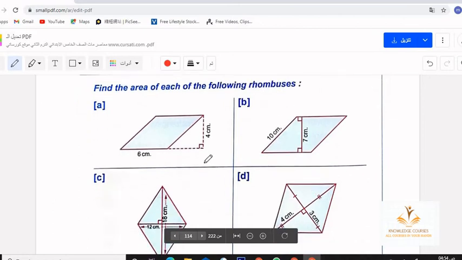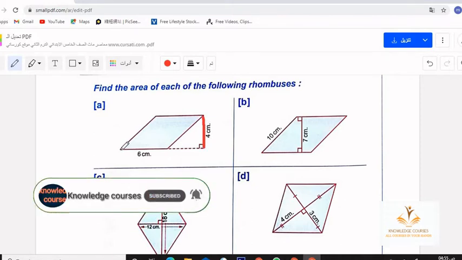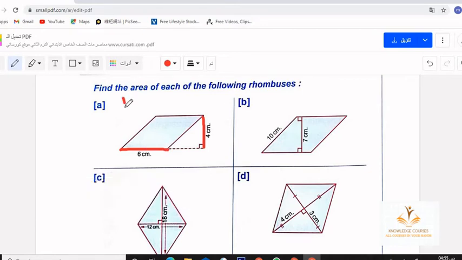In this rhombus, I have height equal to 4 and length equal to 6. So the area equals height multiply length, equals 4 multiply 6.